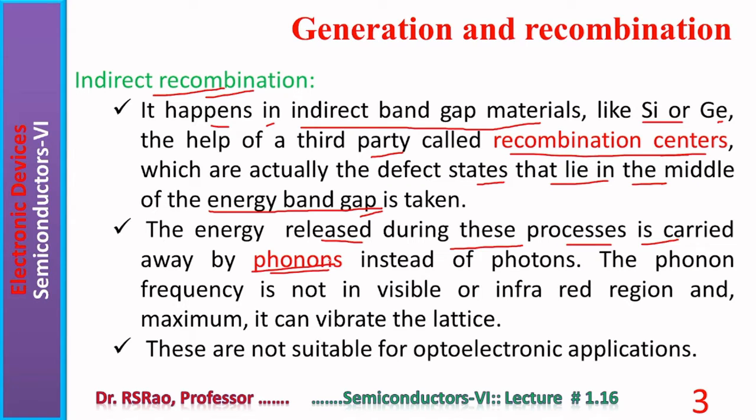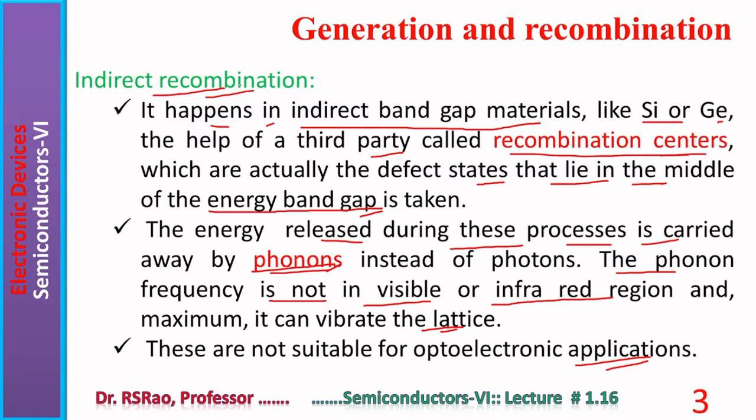Band-to-band recombination releases energy in the form of photons, but here it is released in the form of phonons. The phonon frequency is not in visible or infrared region, and maximum it can vibrate the lattice. These are not suitable for optoelectronic applications.